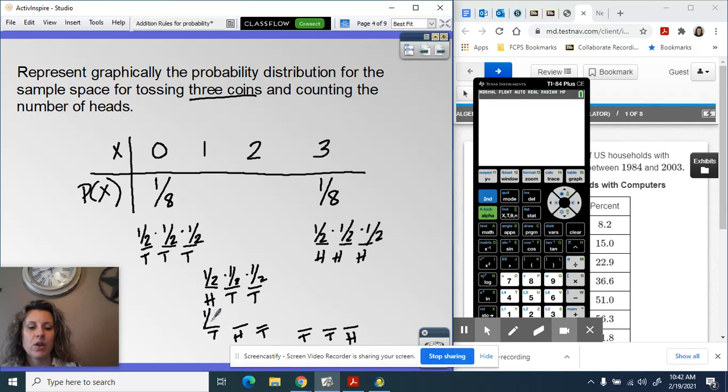But because we could have the 3 different orders, we would add these 1/8s together. So the probability of getting heads on the first toss is 1/8, or the second toss is 1/8, or the third toss is 1/8. So we actually have 3/8 because we have 3 different ways of getting just 1 head.